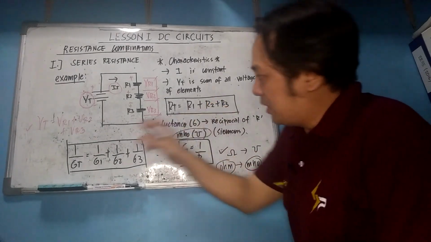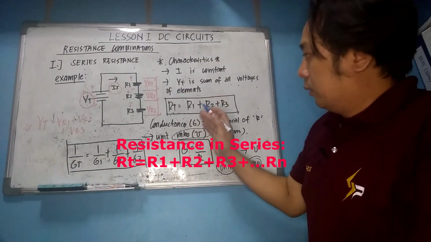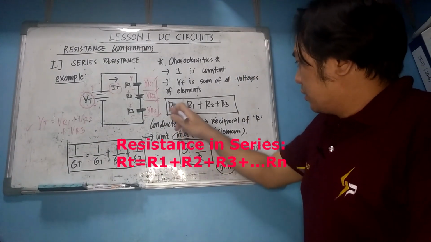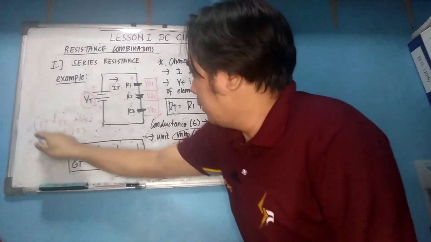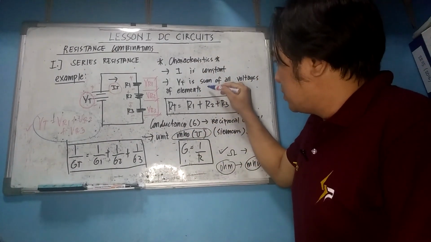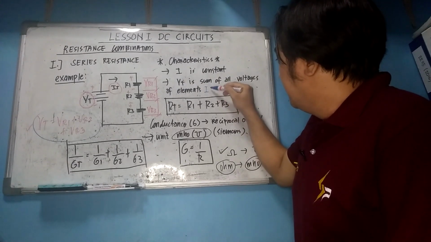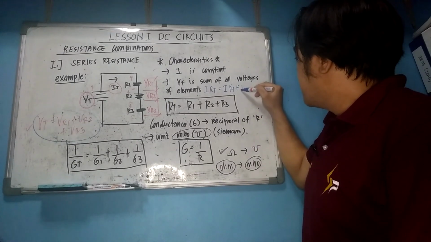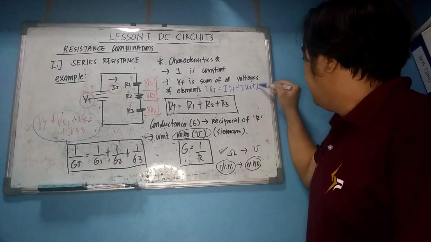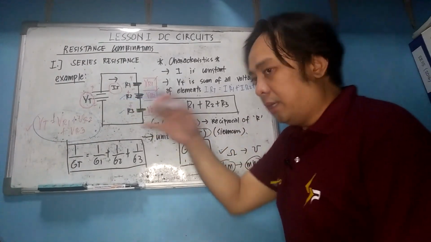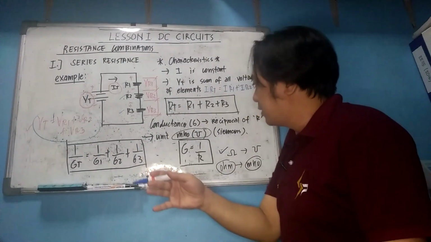We make use of the voltage equation to derive this one. Since Vt is VR1 plus VR2 plus VR3, this is also the same as I times RT equal to I times R1 plus I times R2 plus I times R3, simply because the current flowing in R1, R2, and R3 is the same or constant.